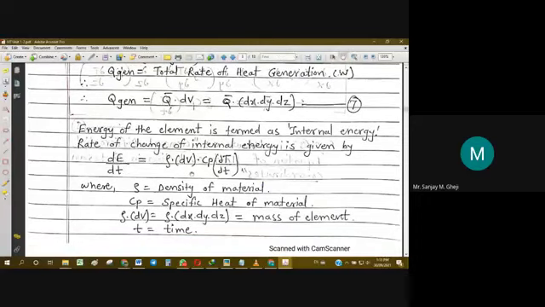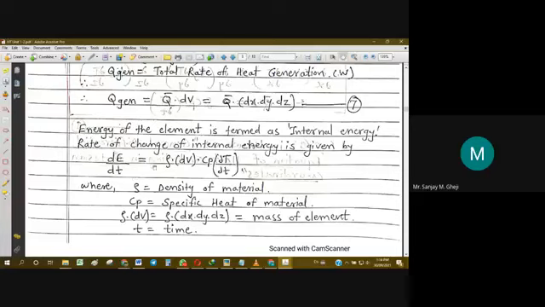In this equation, dE by dt, E is the energy or internal energy of the volume we are considering. So dE by dt means the rate of change of internal energy with respect to time t. The small t variable is for time, and capital T we have used for temperature. So these two are different: capital T for temperature and small t for time.